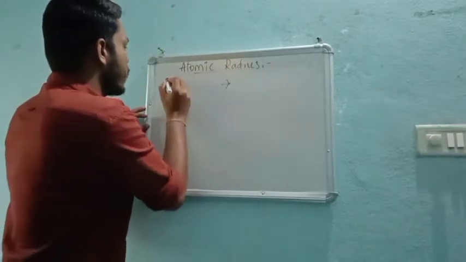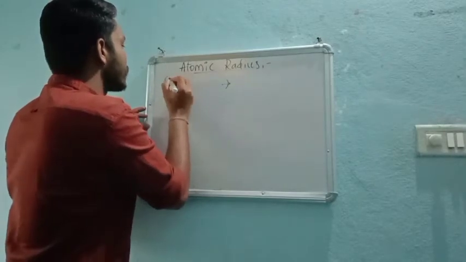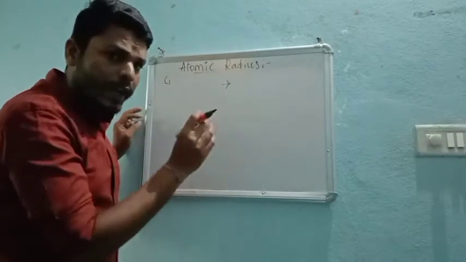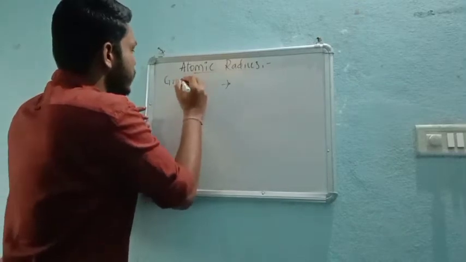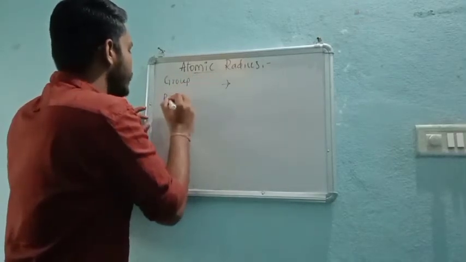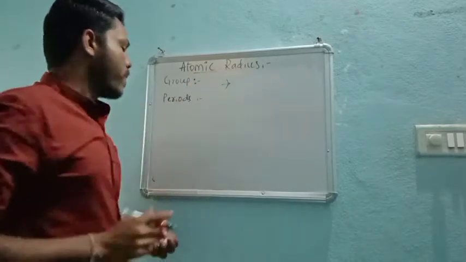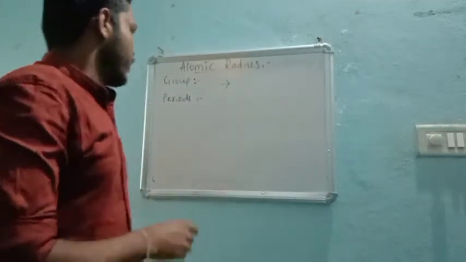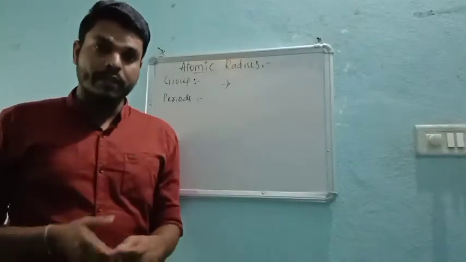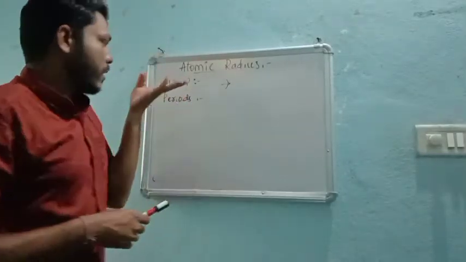Now again, what we saw: what happens to the atomic radius in case of group as well as periods, right? In a group, the atomic radius goes on increasing. Again I'll just brief you.